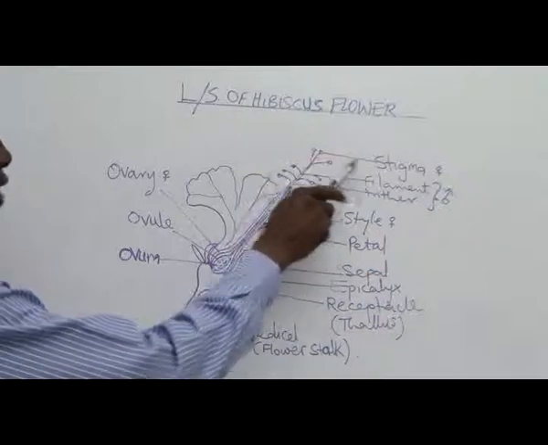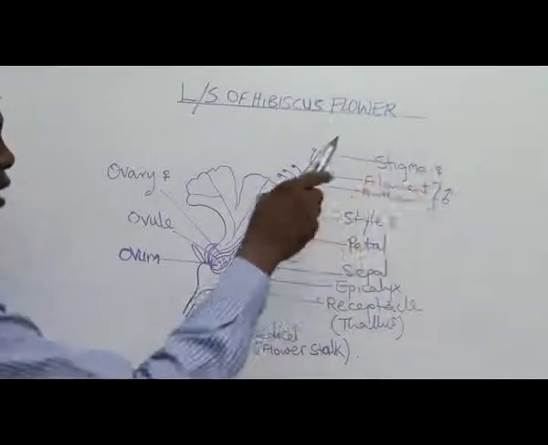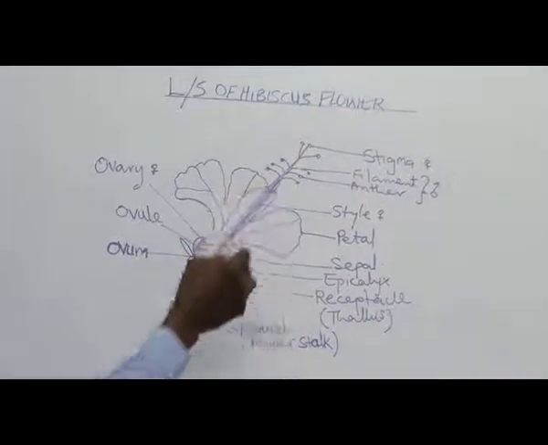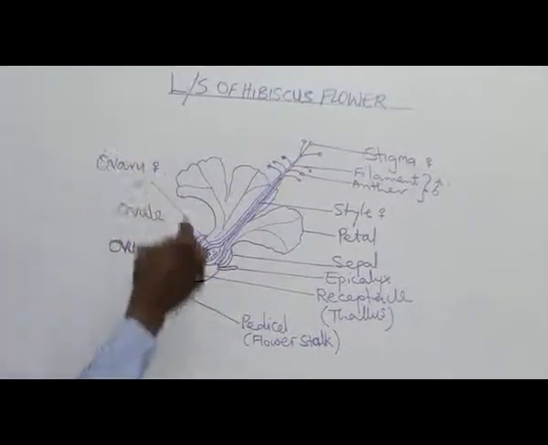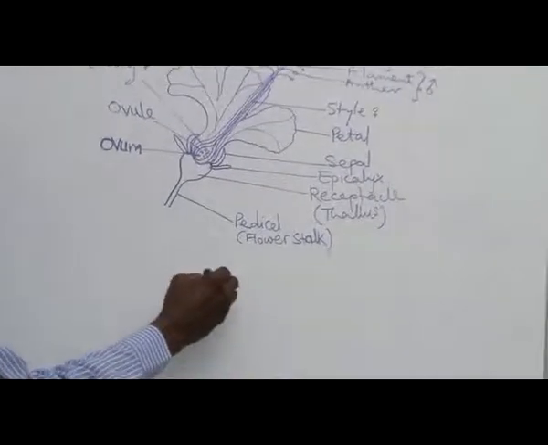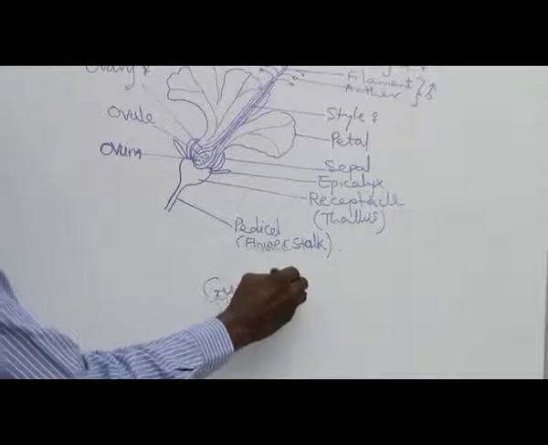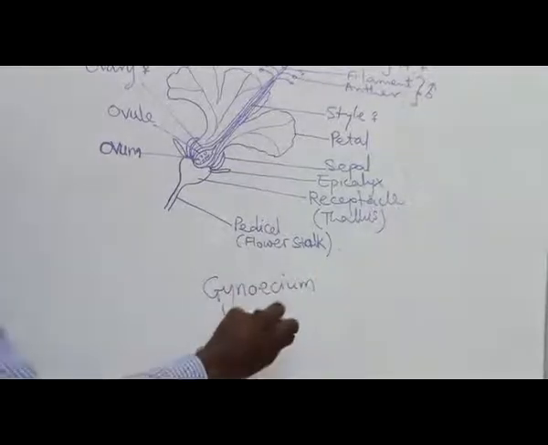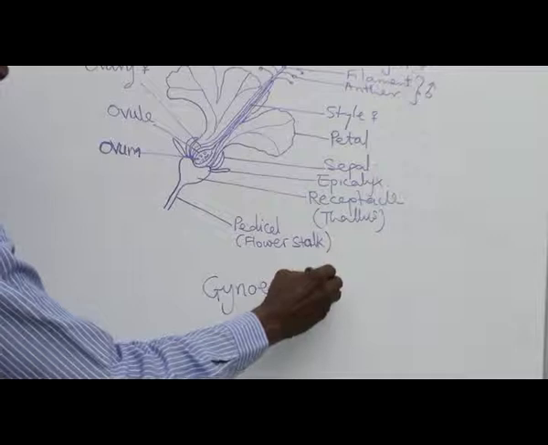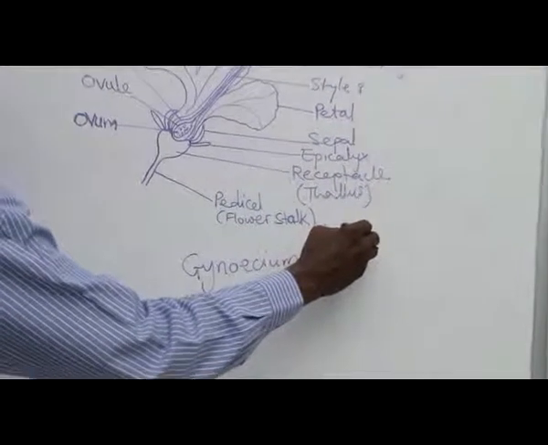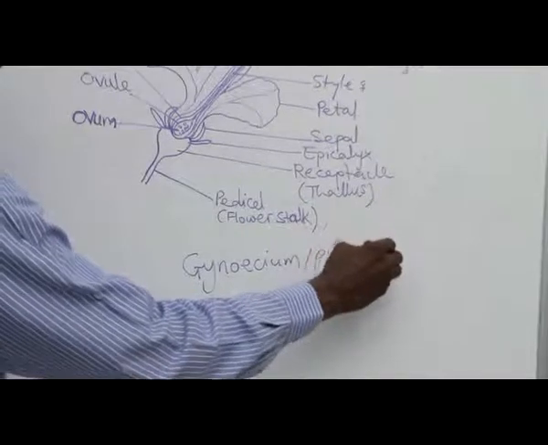Then the stigma itself is part of the female part. The female part, that is the stigma, the style, and the ovary, is the gynoecium, which can also be referred to as pistil, as well as carpel.